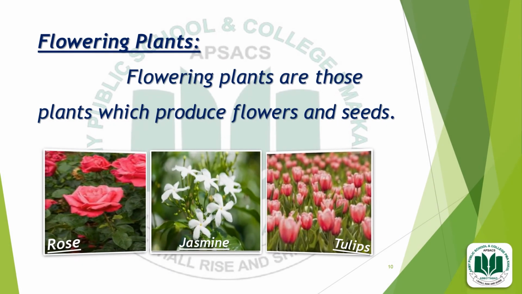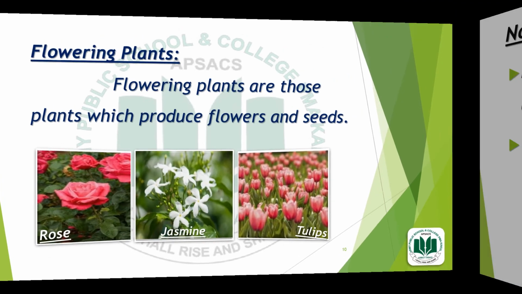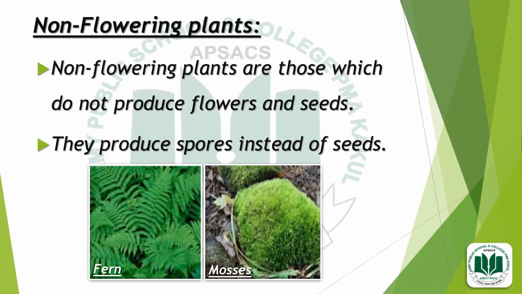Flowering plants. Dear students, the plants which produce flowers and seeds are known as flowering plants, as it is clear from the pictures. The rose, jasmine and tulips are examples of flowering plants. Non-flowering plants.